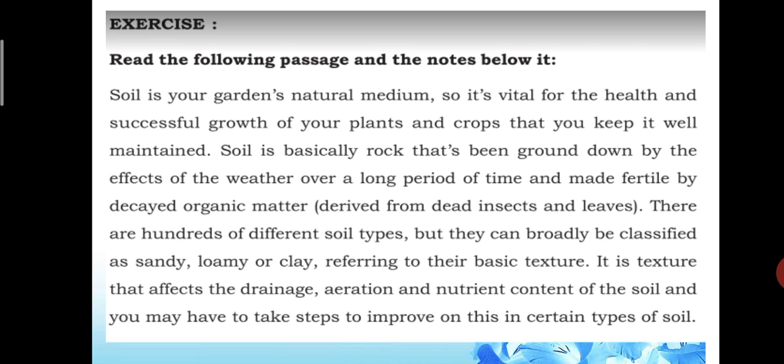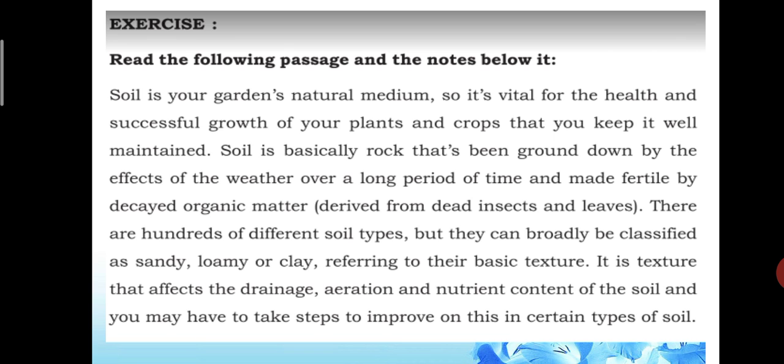Soil is your garden's natural medium. So it is vital for the health and successful growth of your plants and crops that you keep it well maintained. Soil is basically rock that's been ground down by the effects of the weather over a long period of time and made fertile by decayed organic matter derived from dead insects and leaves.